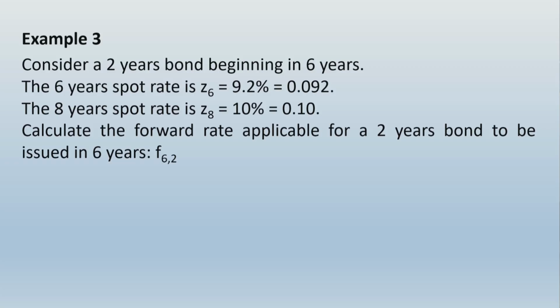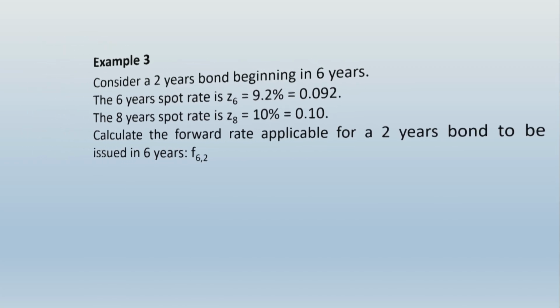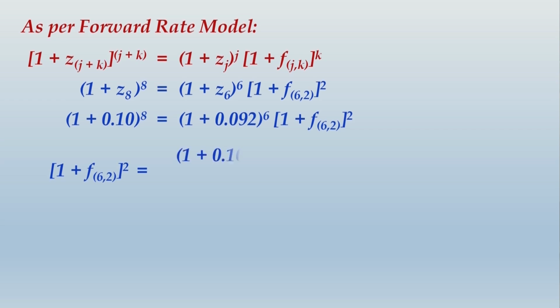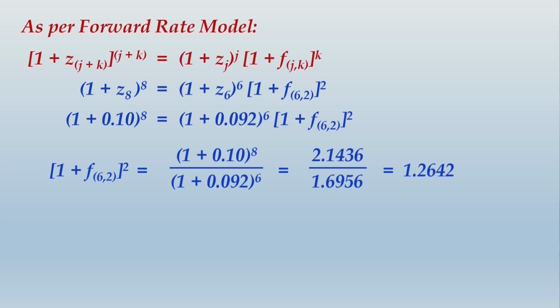Alright friends, I've given you sufficient time to solve it. I'm sure you would have obtained the correct answers. Now applying the forward rate model, this is the equation that you should have solved, and the answer that you should have got, in case it is the correct answer, it must be the square root of 1.2642 as the factor, that comes to 1.1244.